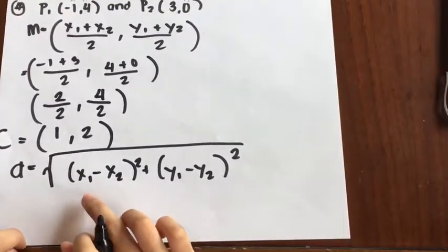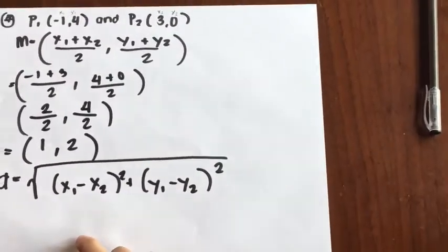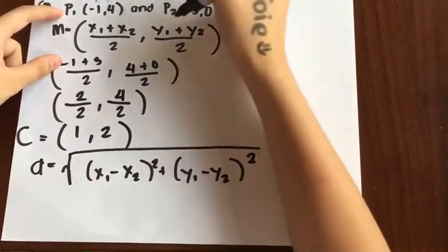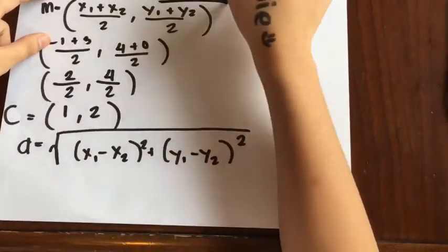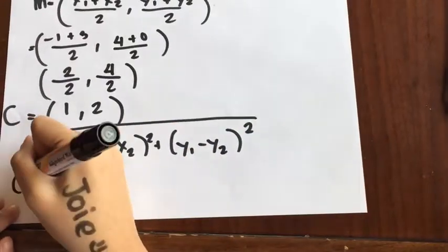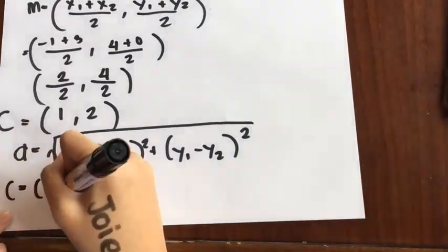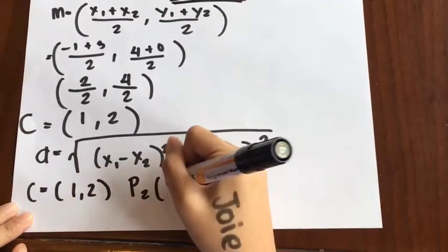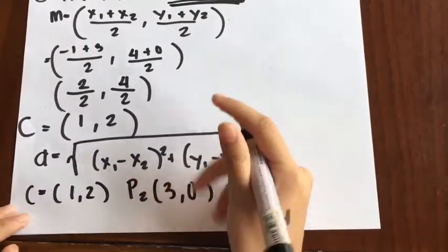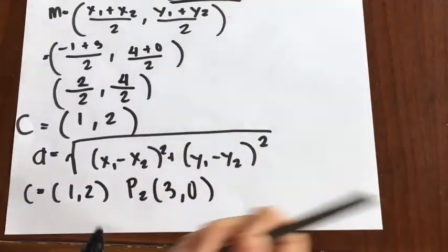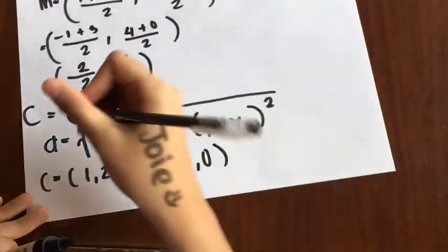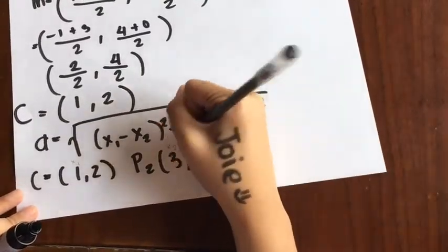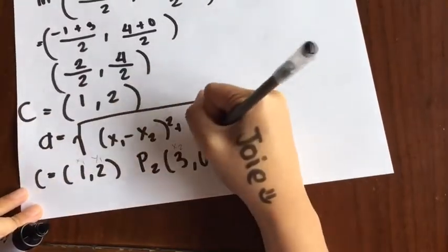Ang gagamitin nating value ay center at isa sa mga points. Ang gagamitin ko ay itong point na to, 3, 0. X sub 1, x sub 2, y sub 1, y sub 2.